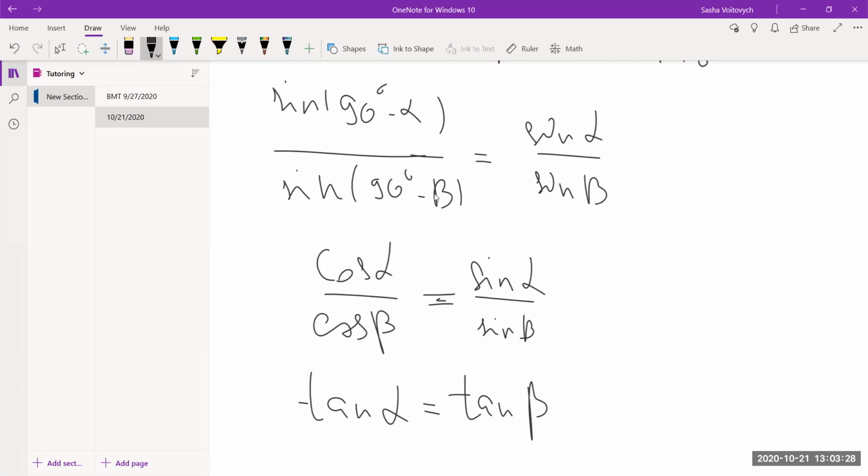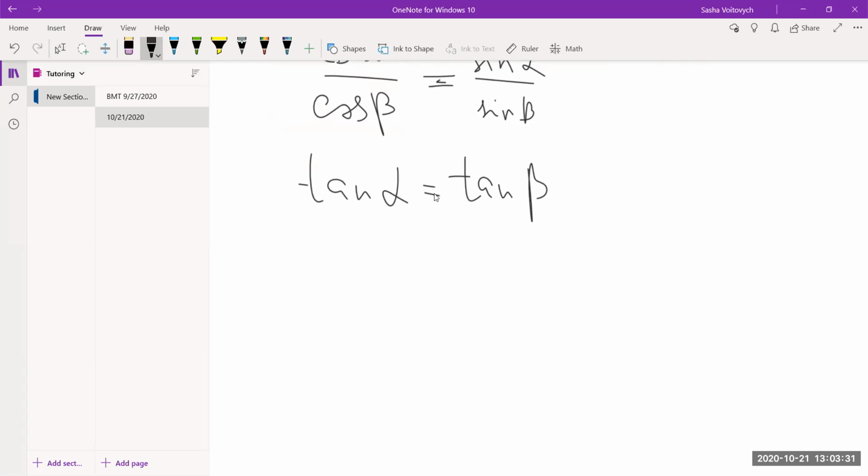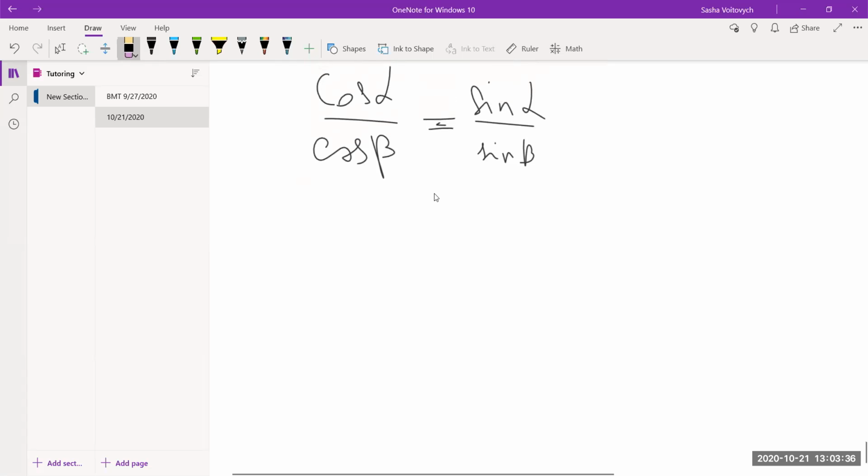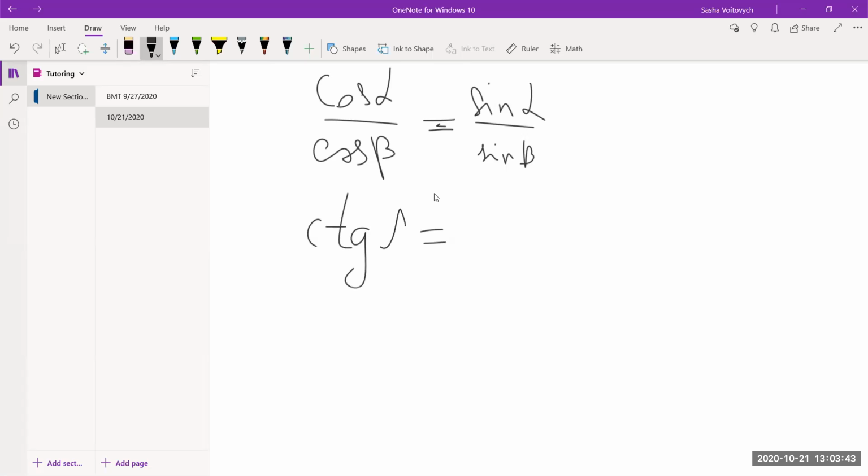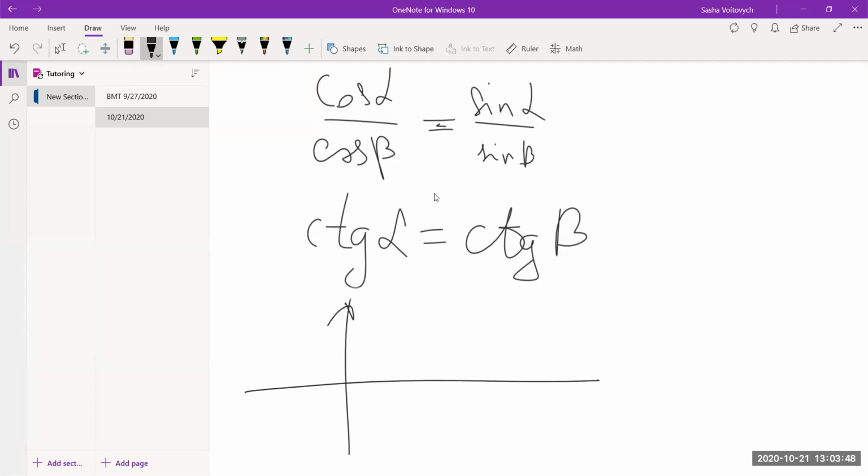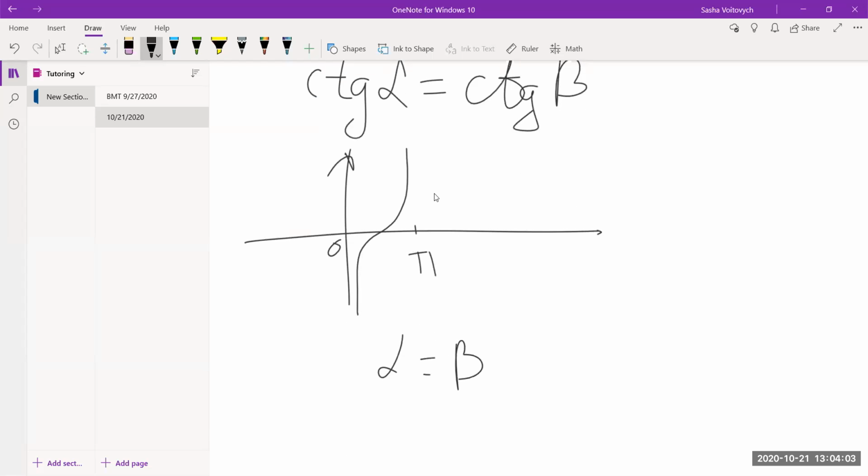And if we rearrange it differently, we get cotangent alpha equals cotangent beta. So if we look at how cotangent behaves on 0 to pi, it looks like this. So it means that if two angles are from 0 to pi and they have equal cotangents, then these angles are equal. So alpha is equal to beta.